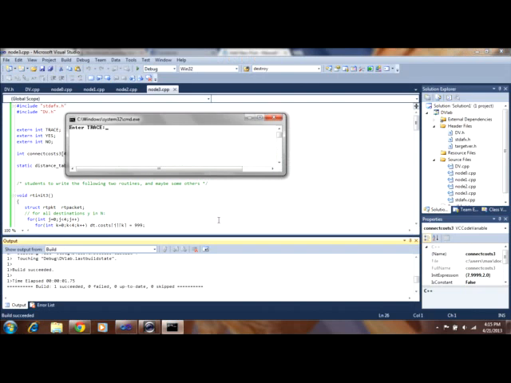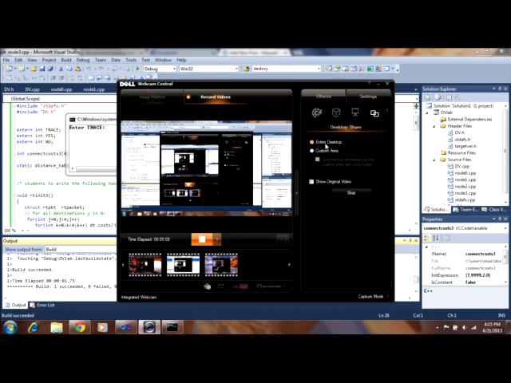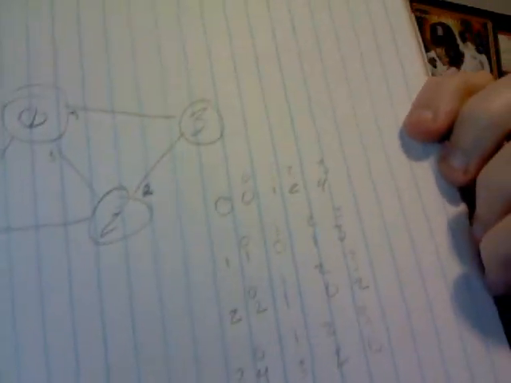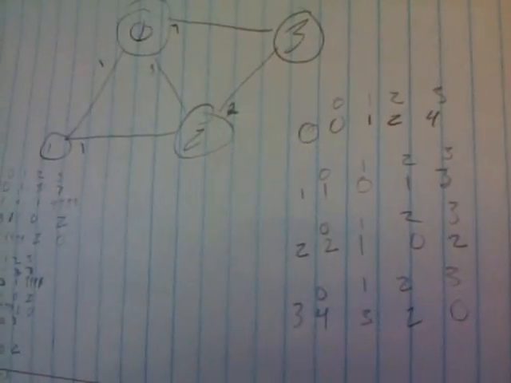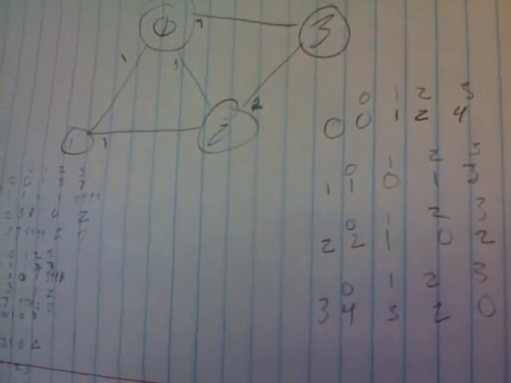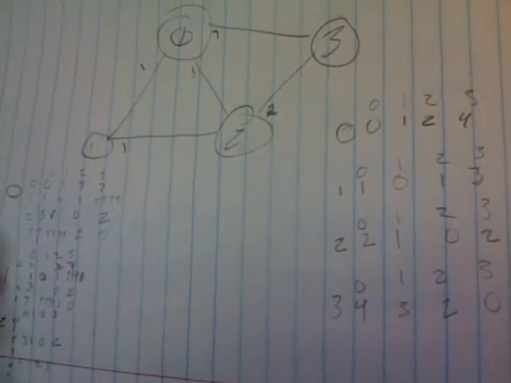I've taken the liberty of figuring out what the final table should be. If we come back out, we'll see that the final numbers should be somewhere along those lines: 0 to get to 0, 1, 2, and 3, 1 to get to 1, 2, and 3, 2 to get to all 4 routers, and 3 to get to all 4 routers.